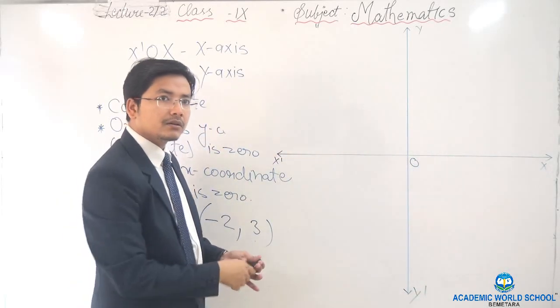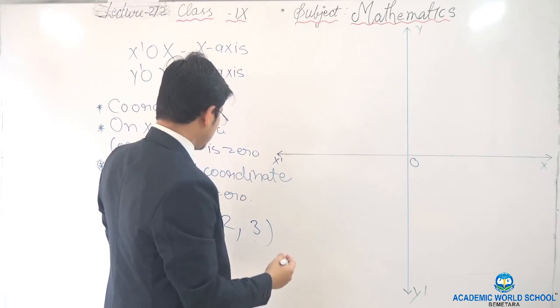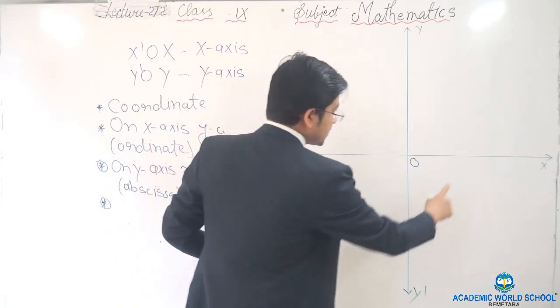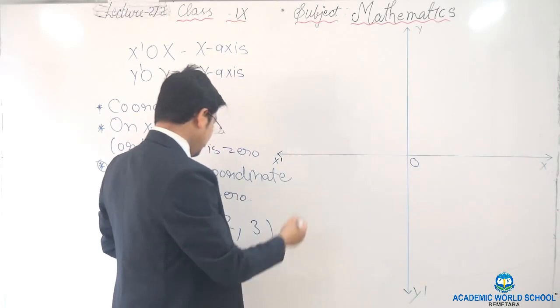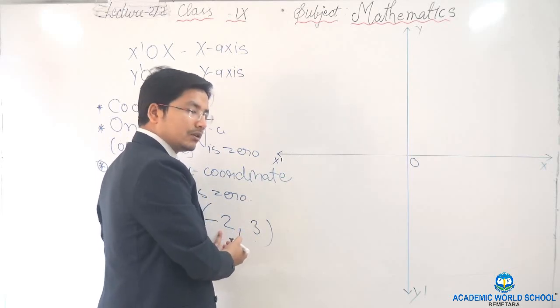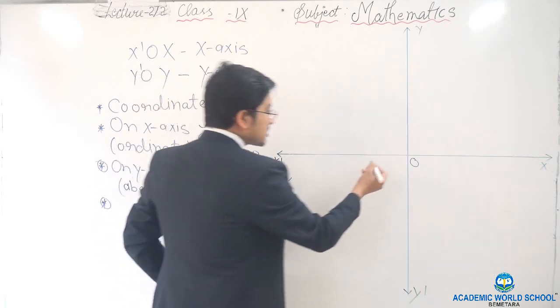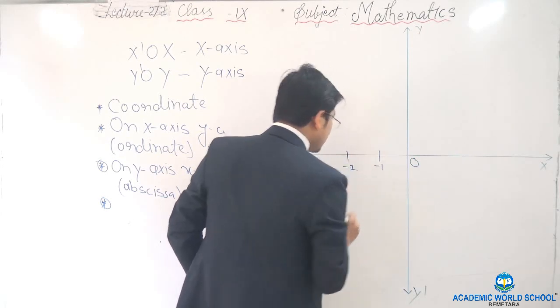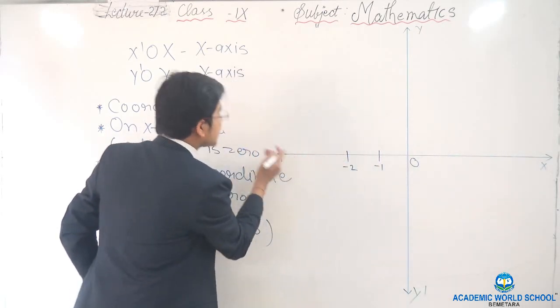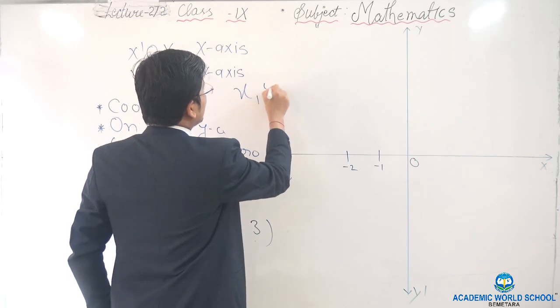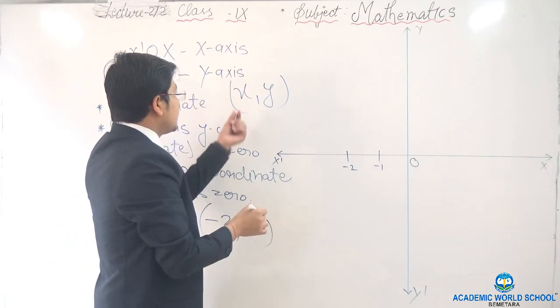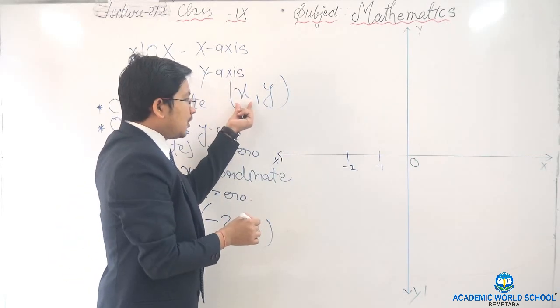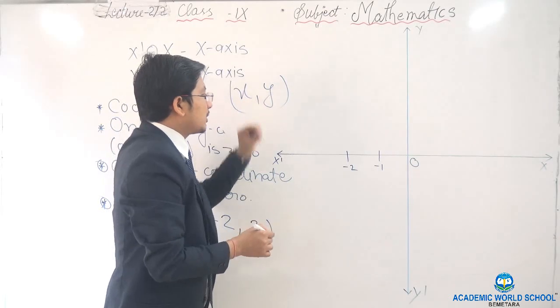Let me write -2, 3. This is the negative x-axis, and we represent the coordinate as x, y. First we write the x coordinate, then the y coordinate.